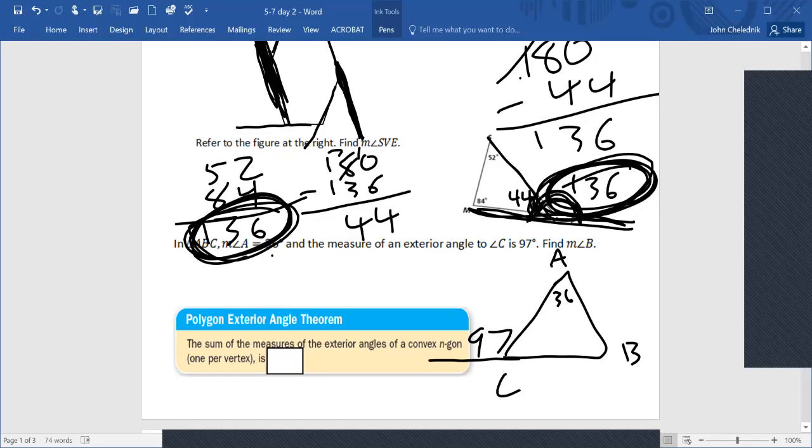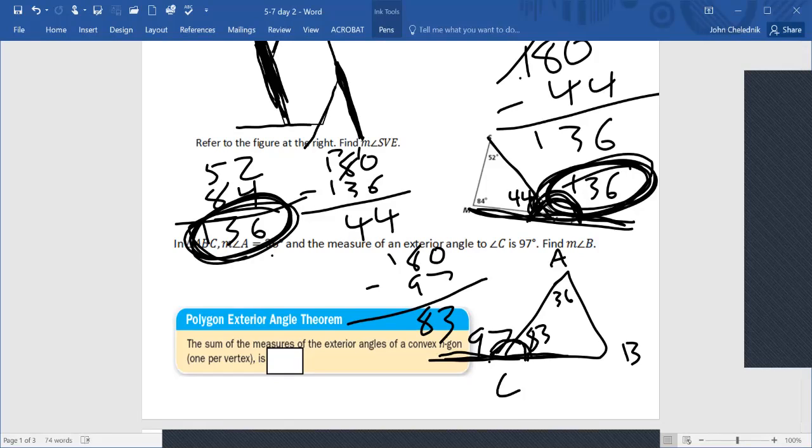All right. Now we can easily find the interior angle. All we have to do is recognize that this straight line is 180 degrees. So 180 minus 97 is going to be 83. So this is 83 right here. And the angles, of course, add up to 180.